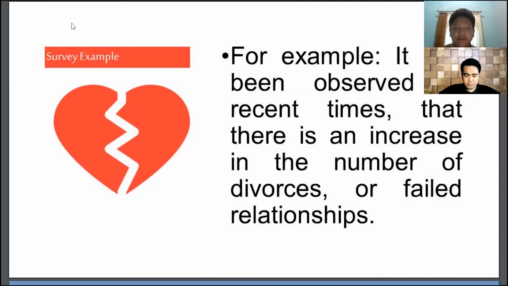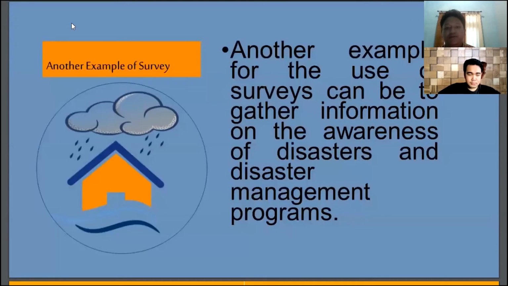Another example is that surveys can be used to gather information on the awareness of disaster and disaster management programs. A lot of institutions like the UN or the local disaster management team try to keep their communities prepared for disaster. Passing knowledge about this is crucial in disaster-prone areas, and it is a good type of knowledge that can help everyone.